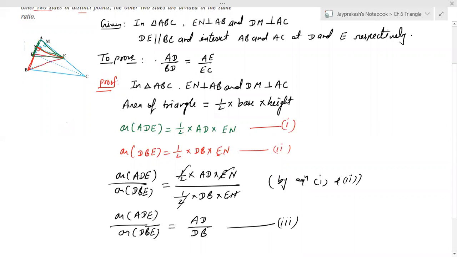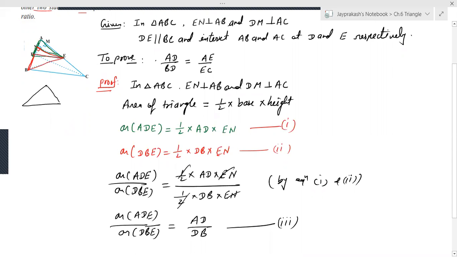So the simple logic, if you want to remember this one, how to find equation number 3. So remember the things. What did we do? First we have taken this triangle, means the upper side ADE. Then we are taking EN as a height, that is perpendicular with the 90-degree angle.